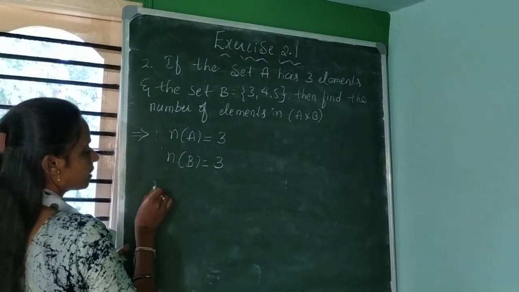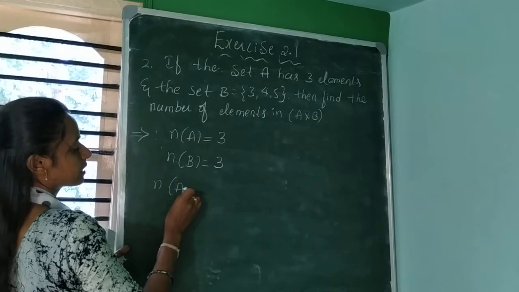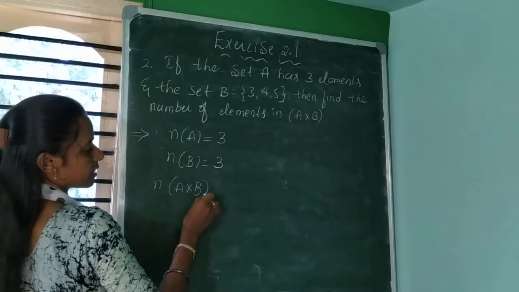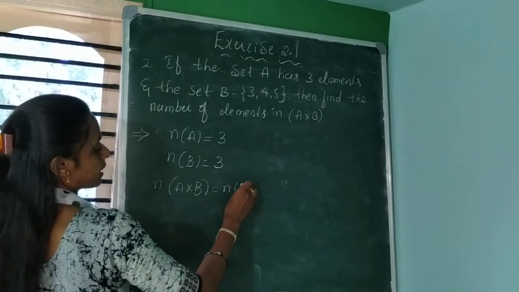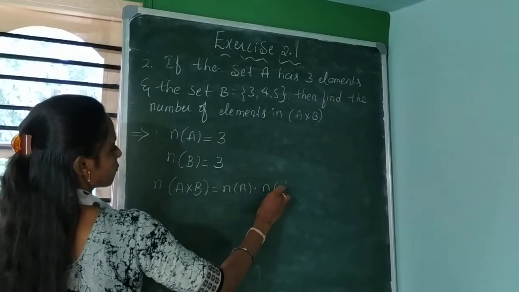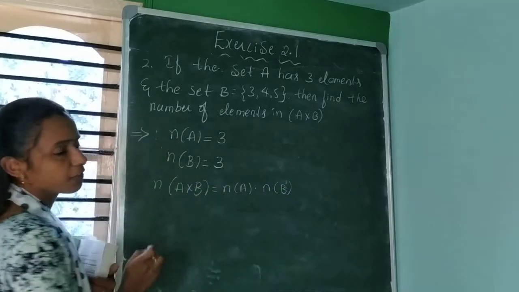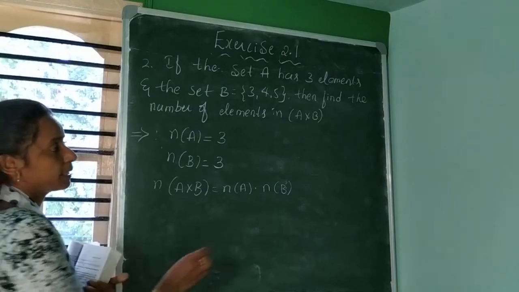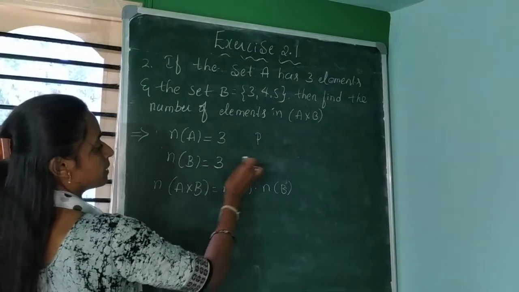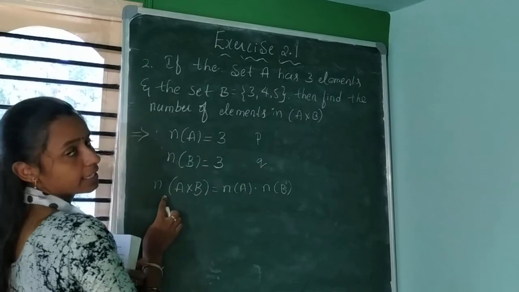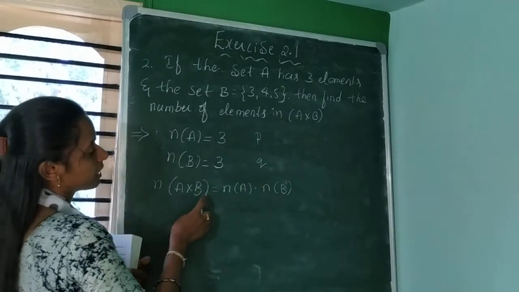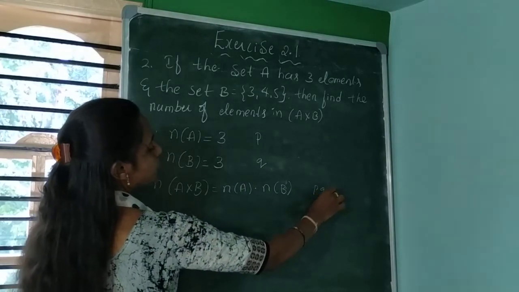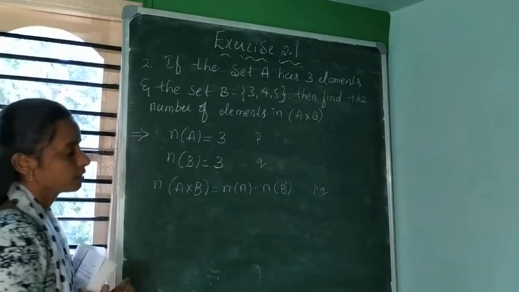Then, number of elements in A cross B can be written as n(A) into n(B), which is from the note. If the set A has p elements and set B has q elements, then the number of elements in A cross B will be p into q. This is what the note says.